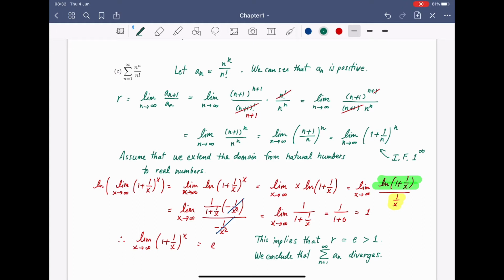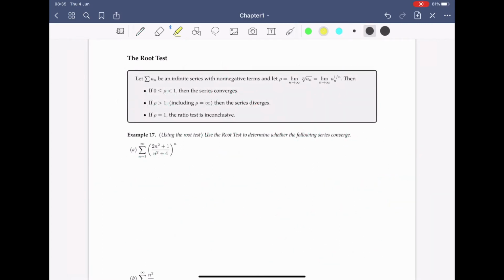That's it. That's how we do the ratio test. Now let's move to the root test. The root test has the same idea as the ratio test. So we're going to let the summation of a_n be an infinite series with non-negative terms. Before you use the root test, just make sure that you figure out your a_n and check that a_n has only non-negative terms.